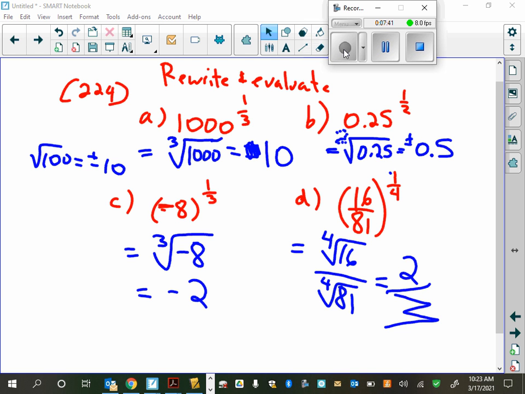Okay, now we're here. You need to know whether this is cubic root or square root. What is it? Square root of the base, and then the 3 goes outside the bracket. Now that's rewrite, which I'm rarely going to ask you. 98% of the time you have to actually do this question. So what's the square root of 9?